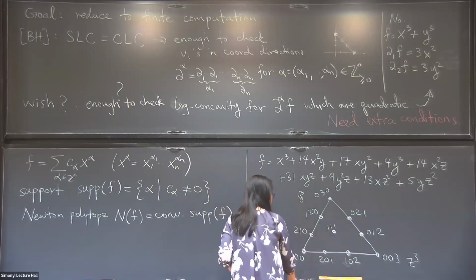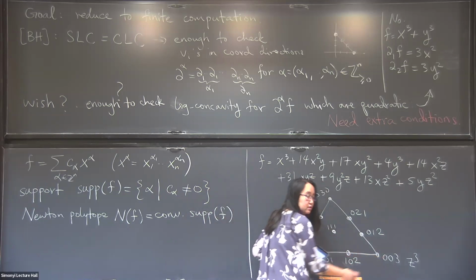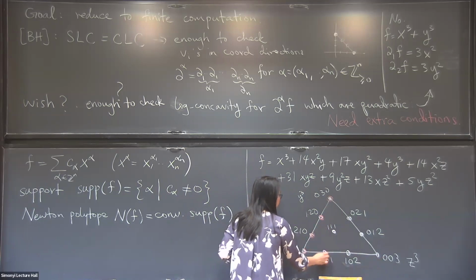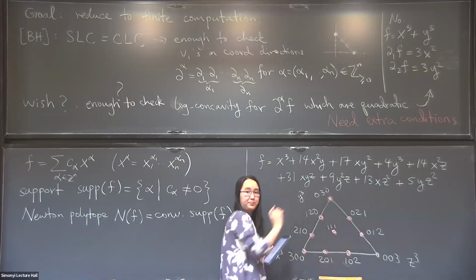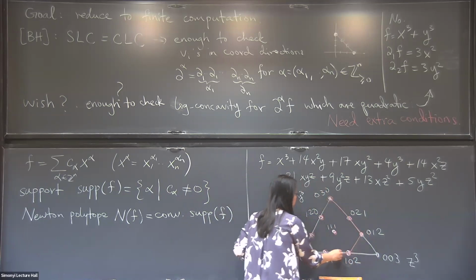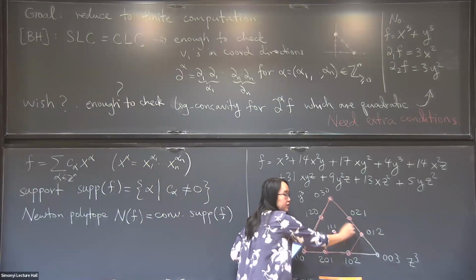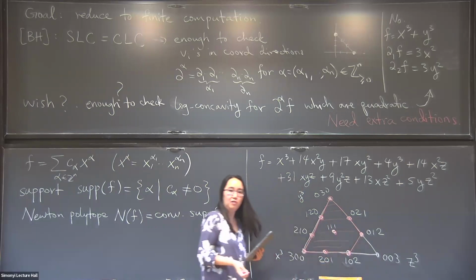Okay, so the support consists of all the points that I drew except this z cube. So the support consists of these 9 points. And then the convex hull is I connect all the dots to each other and also fill in the inside. So the convex hull, this is my Newton polytope.